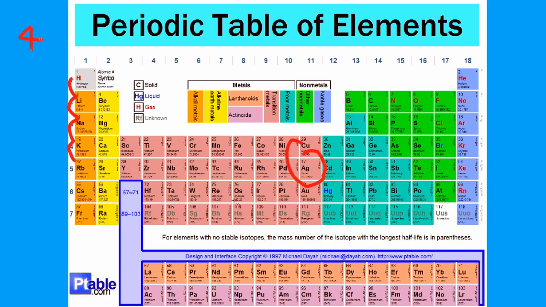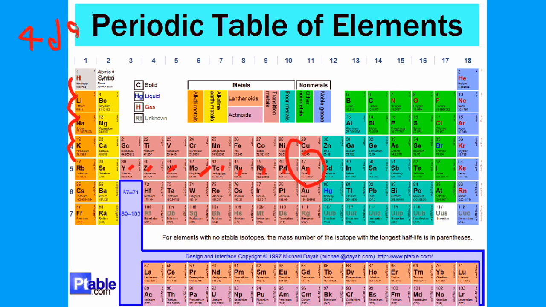So it'd be a 4, and we know it's in the D region, so we write 4d. And then we count over from the left to how many spots it's in the D region. 1, 2, 3, 4, 5, 6, 7, 8, 9. So it's the ninth one in, so we write 4d9.